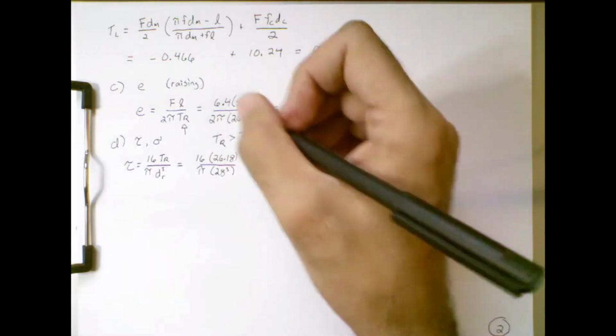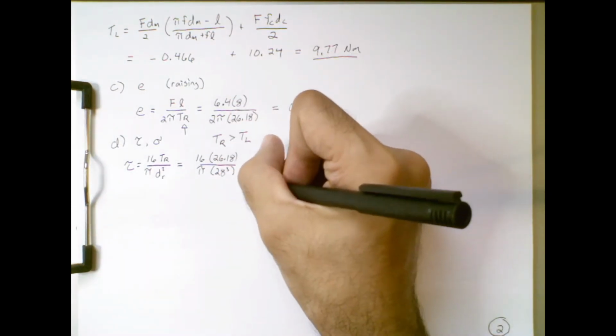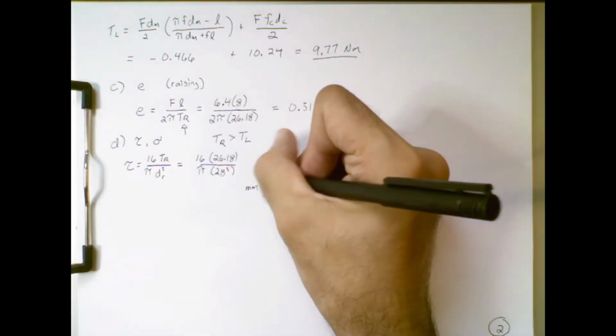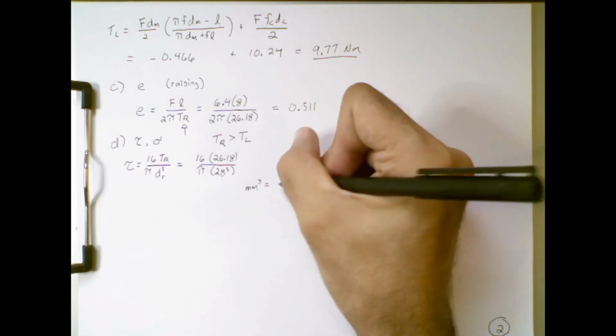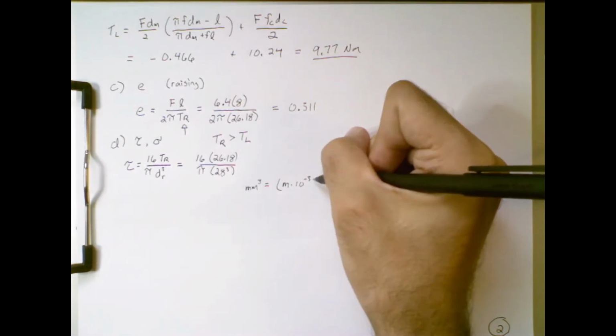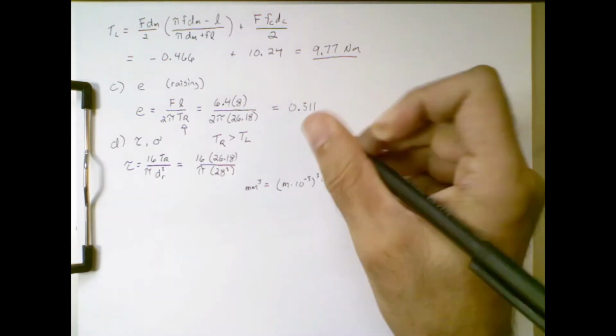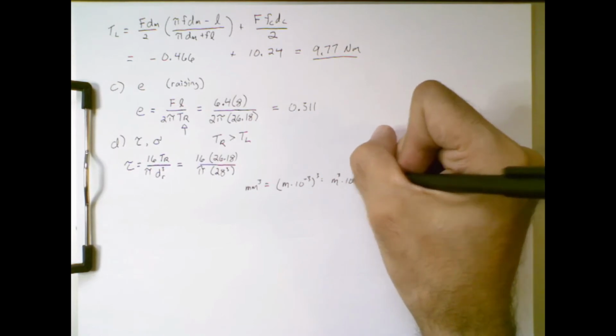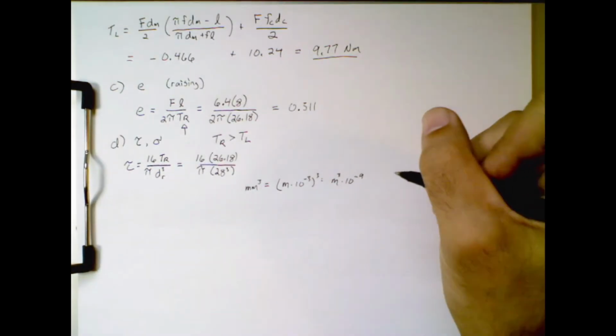If we have a look at this more closely, millimeters cubed from the denominator is going to be equal to meters times 10 to the minus third, cubed, or meters cubed times 10 to the minus ninth.